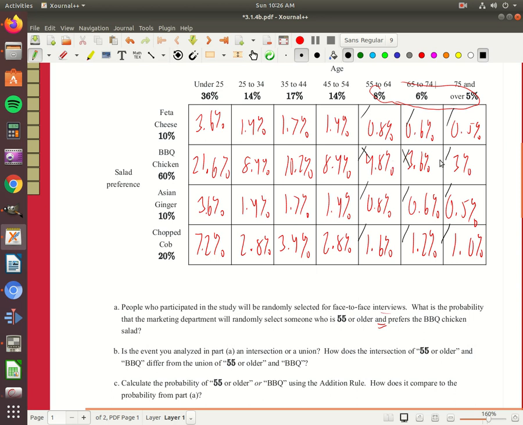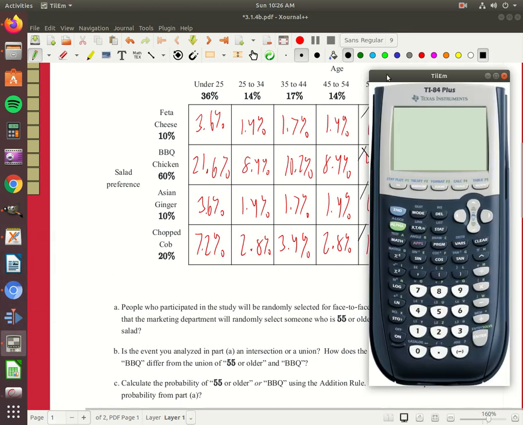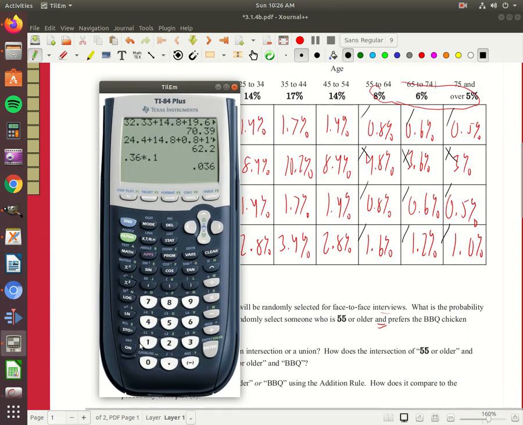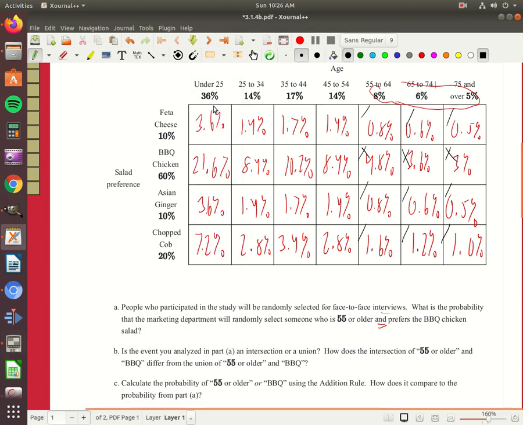So you got to have both here because this is an intersection problem. It's an and question. So I'm just going to add those up: 4.8 plus 3.6 plus 3. I'm going to get 11.4% of people who meet both of those. So 11.4%. Actually, I'm going to have to get rid of all these checks first. There we go. So 11.4%.